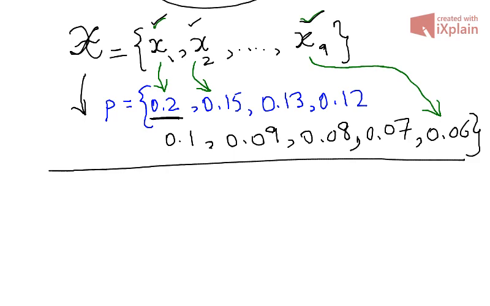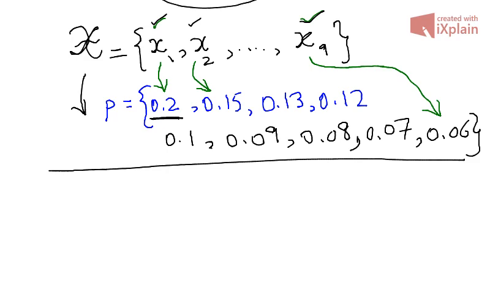Similarly, x2 is 0.15, which means 15% of the time x2 occurs, and if you see x9, 0.06 is the probability, which means only 6% of the time x9 occurs, right?